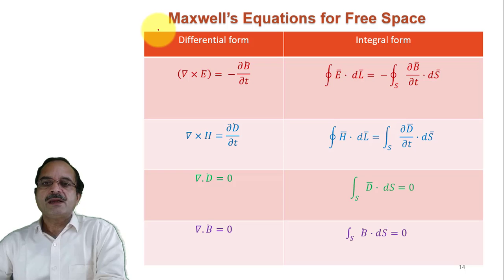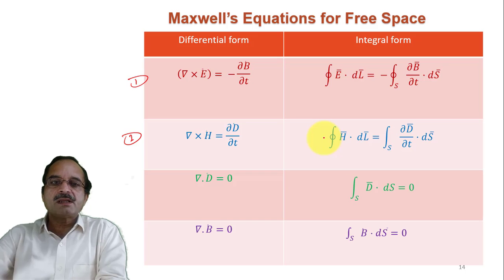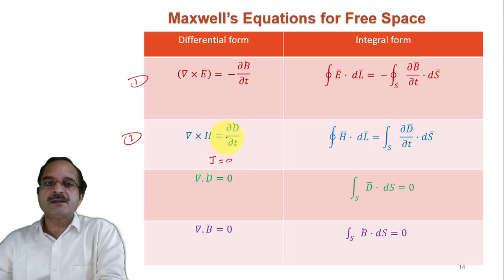So accordingly, these equations are modified here. The first equation remains same, and in the second equation, in case of free space, the current density will be 0. So here J is equal to 0. So instead of J plus del D by del t, this is simply dD by dt here. In the same manner, here also J is equal to 0.